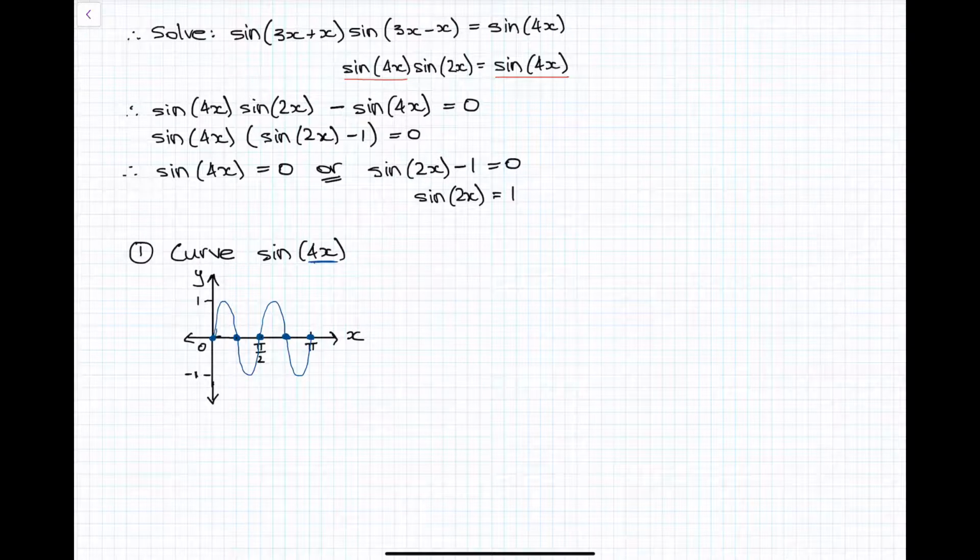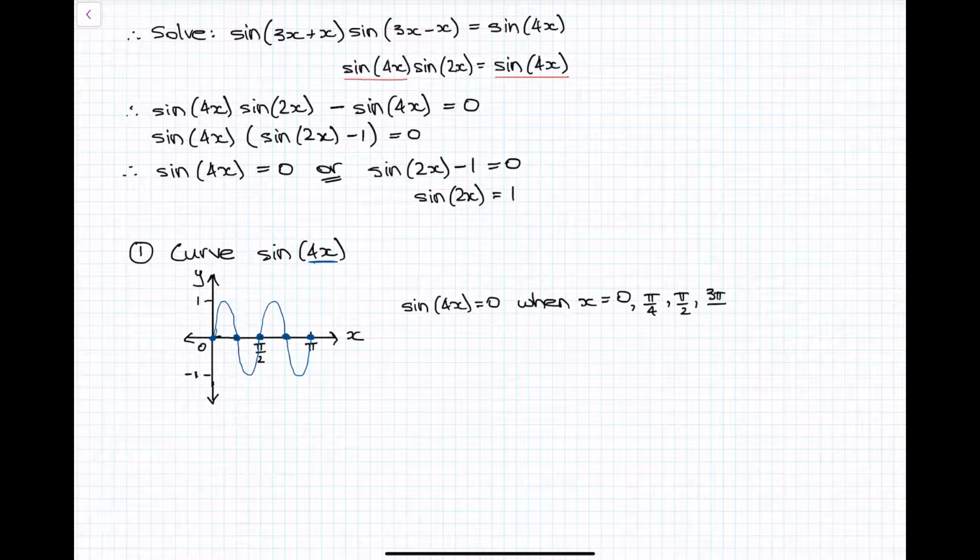So sine of 4x is equal to 0 when x is equal to 0, pi on 4, 2 pi on 4, or in other words pi on 2, 3 pi on 4, and then 4 pi on 4, or just pi. So there are 5 solutions when sine 4x is equal to 0.